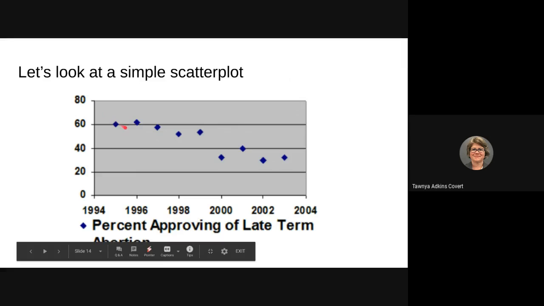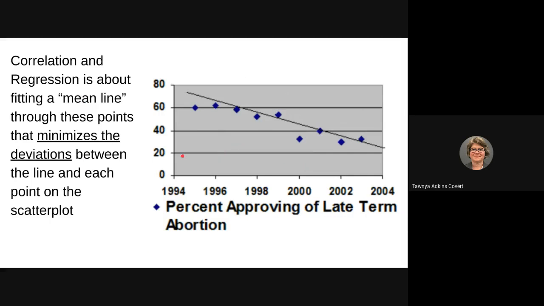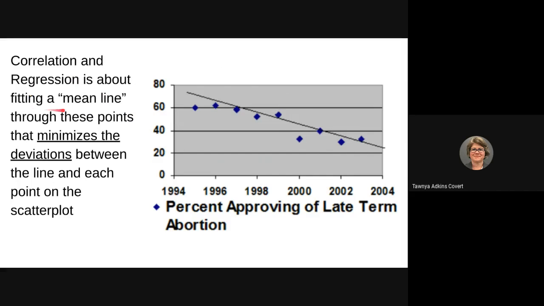So if I were to draw a line through the data that takes us there, maybe this is what that line would look like. And so it's about fitting a mean line. We're going to be able to measure the distance between wherever this point is on the line and this score, and then the distance between this point and this score, and this point and this score, and this point and this score.